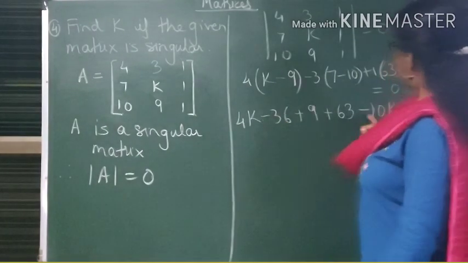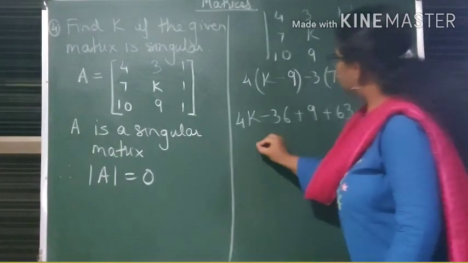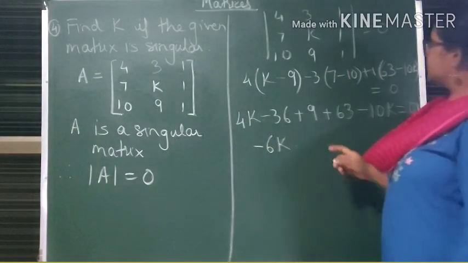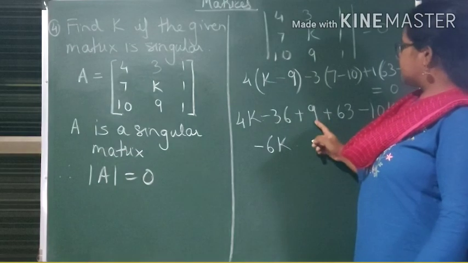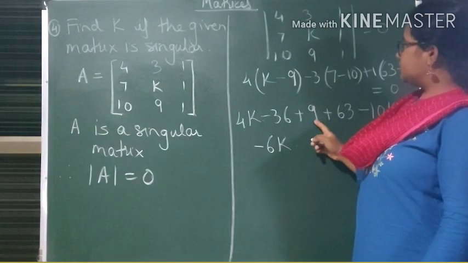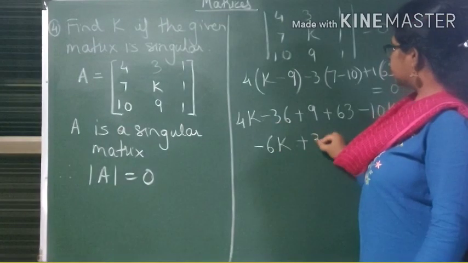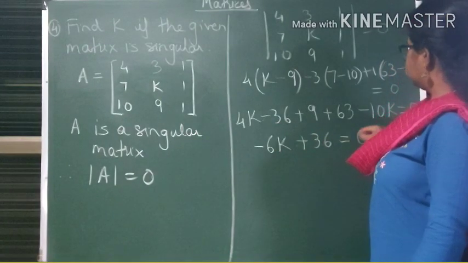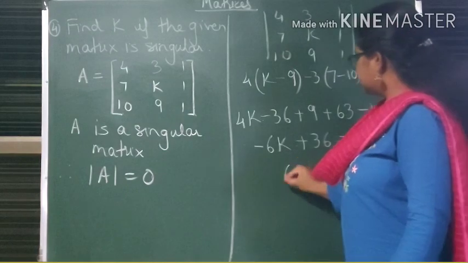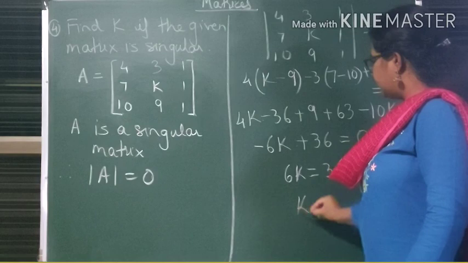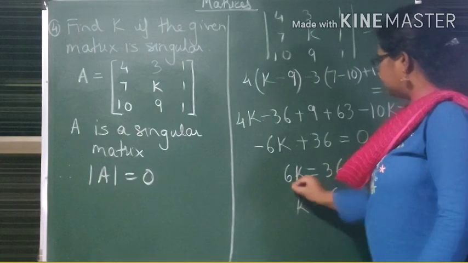Now 4K minus 10K gives you minus 6K. Next 63 plus 9 gives you 72 and 72 minus 36 is plus 36. This is equal to 0. So 6K is equal to 36. Therefore K equals 6.